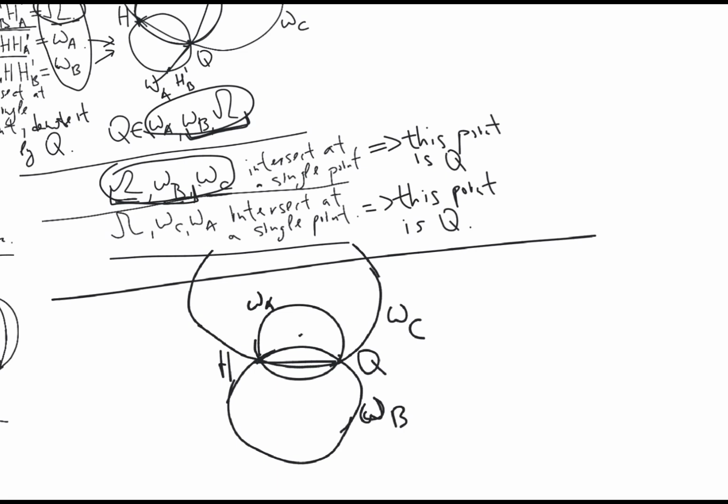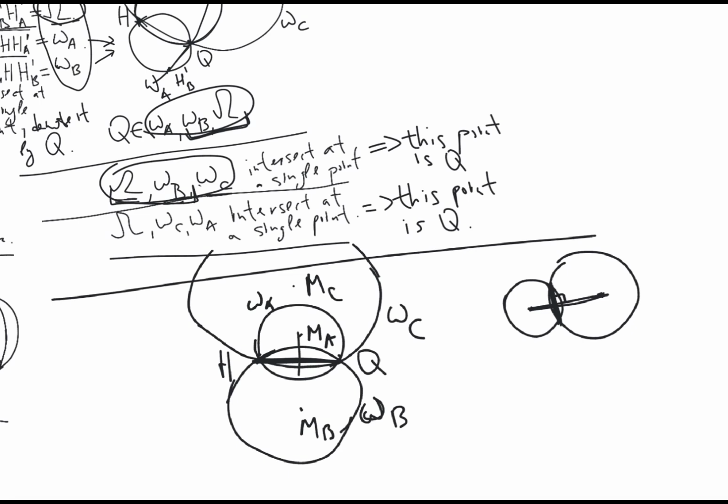So if we have two circles that intersect at two points, the line connecting the centers of these two circles is always perpendicular to the common chord. So the common chord is here unique for all three circles. So therefore the line of centers. Let's denote the centers as MB, MA, and MC.